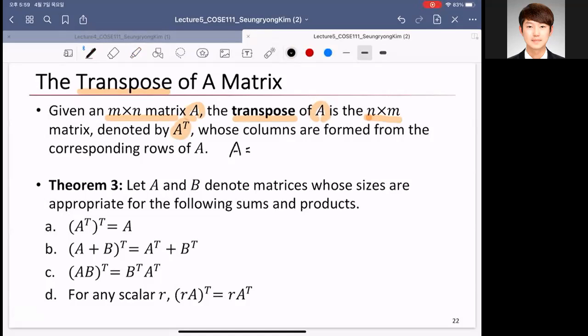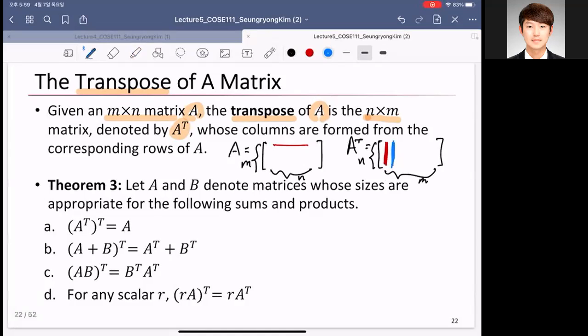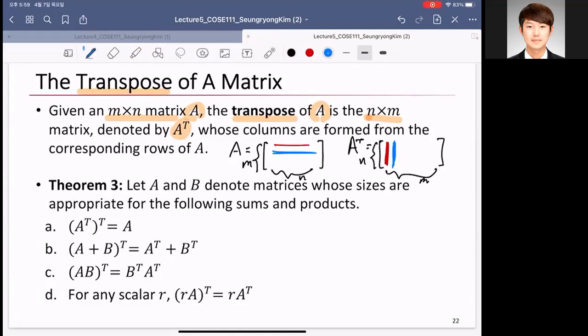Let's suppose we have a matrix A whose size is m by n, then A transpose is an n by m matrix, where each column is formed from the corresponding rows of A. This is the definition of the transpose of matrix A.